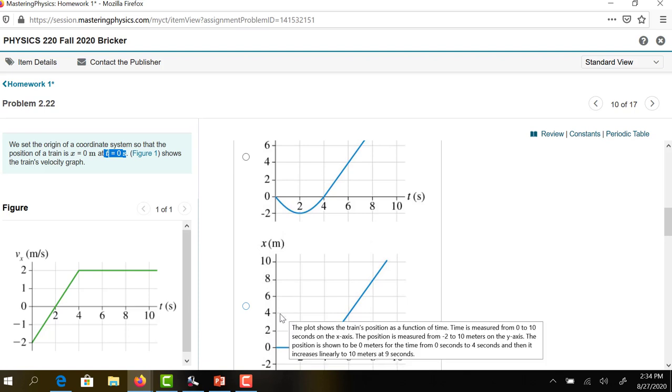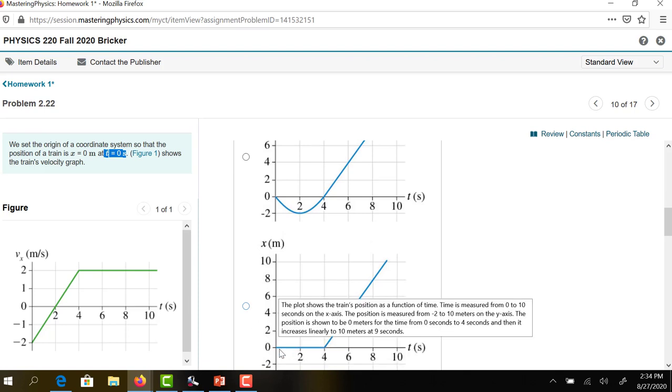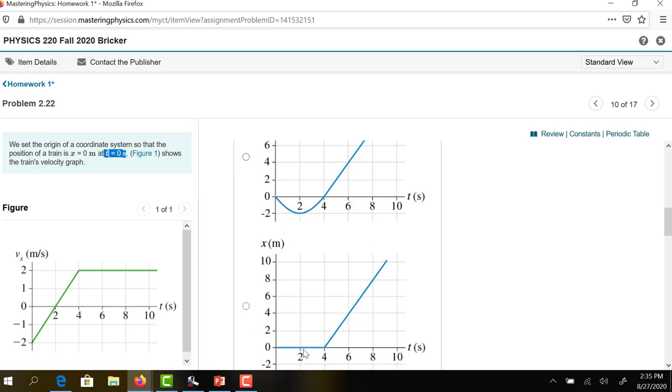Let's look at this one first. On this one, from 0 to 2 seconds, the velocity is 0, right? Position versus time, the position's not changing, all the way till 4 seconds. So that doesn't work. As you can see here, the position has to be changing because we have some kind of velocity. So it's going to be this choice.